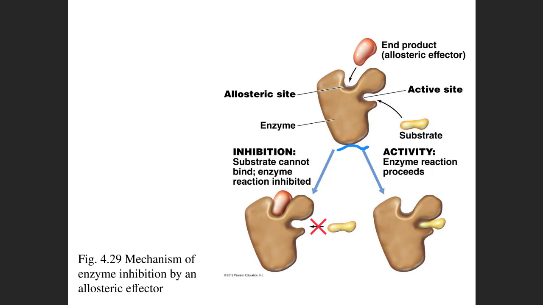Then the substrate goes in and then cuts off. Typically people use the analogy of this is the key, this is the lock. Let's see what I mean by this is the key, right? And the key goes in to the lock.